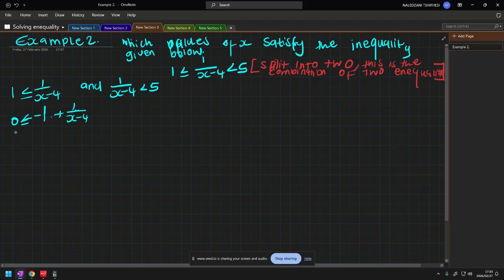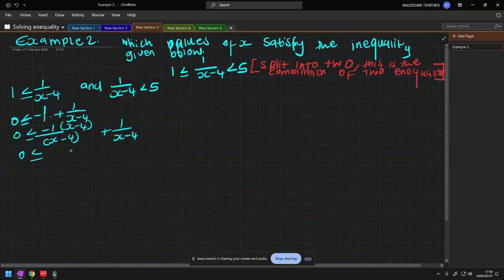And then we're going to have 0 equal to minus 1 over x minus 4 plus 1 over x minus 4, right? Because it's a fraction and we want to make common denominators, we multiply top and bottom.